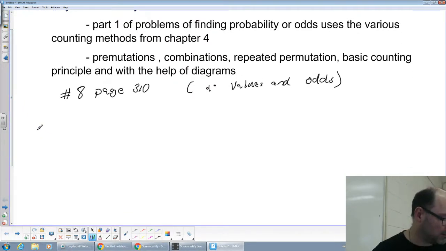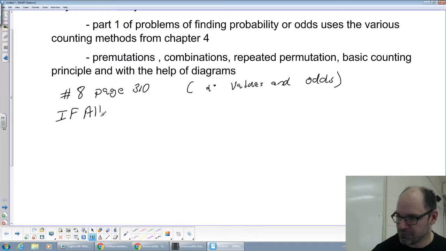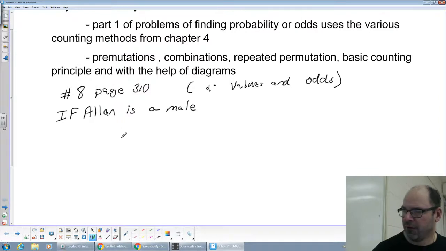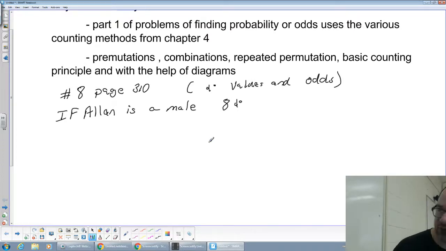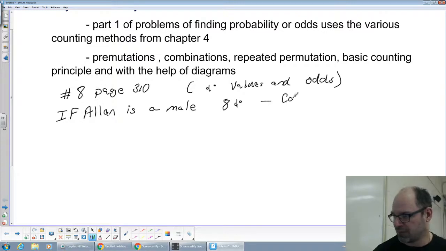So if Alan is a guy, that means there's 8%. It says about 8% of the men see no difference. This is the color blindness, we'll call it.